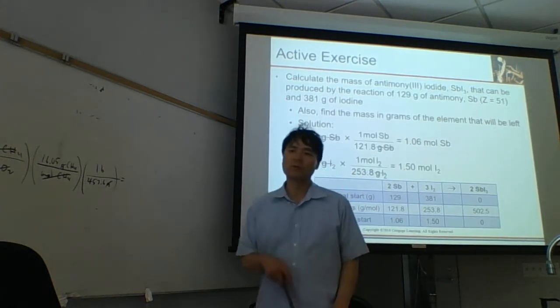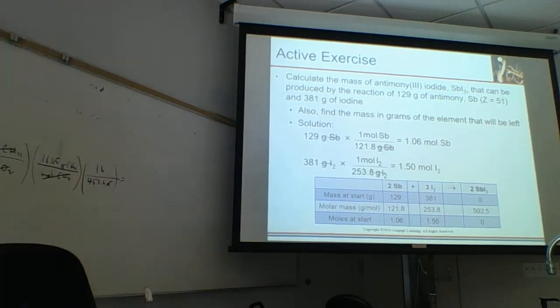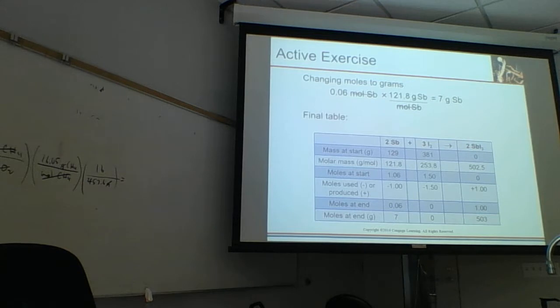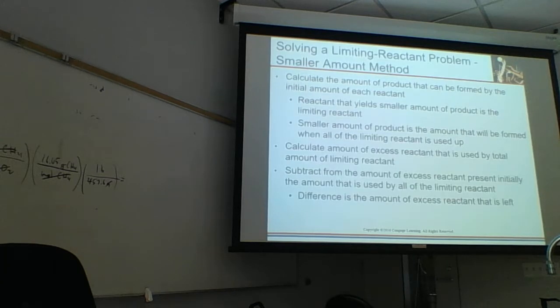That's comparison of moles. I wouldn't have solved it like that, although it's just preference. I would have solved it like this. I would have done the smaller amount method.